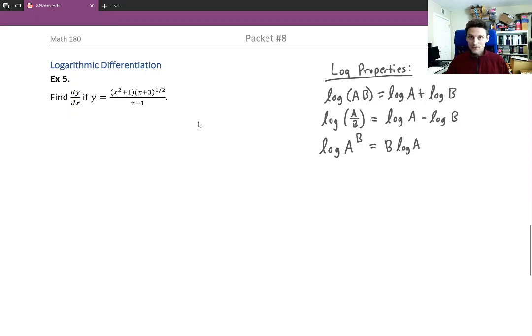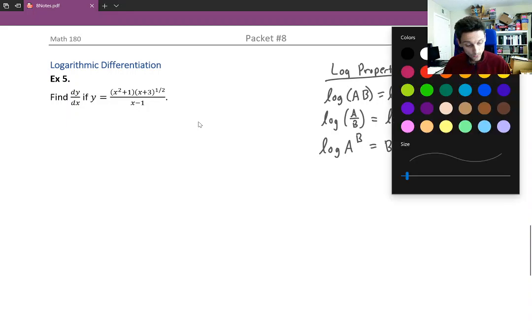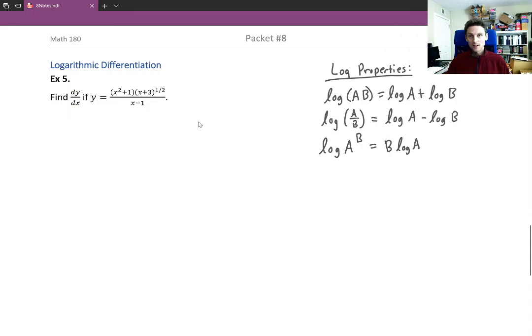So logarithmic differentiation is going to come to the rescue here. Now, what to do is inside of the name, logarithmic differentiation. First, we're going to apply the logarithm, and then, after using the log properties, we're going to differentiate. That's going to be the strategy here. Let's see how that looks.